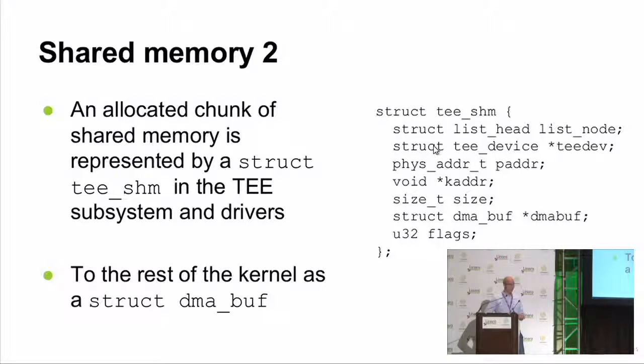This SHM struct has a couple of different fields, like the teedev, which is used for reference counting on the driver. We have the virtual address inside the kernel that can be used, and then the physical address, which is often needed when communicating with the secure world, and so on.